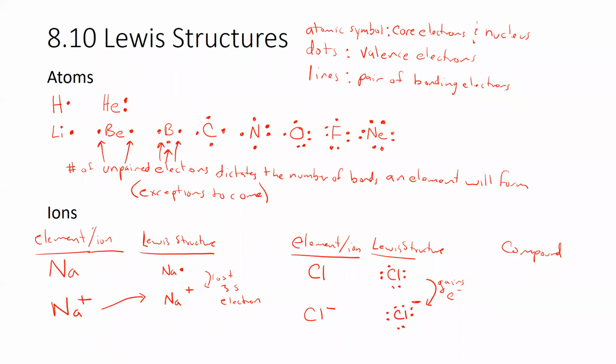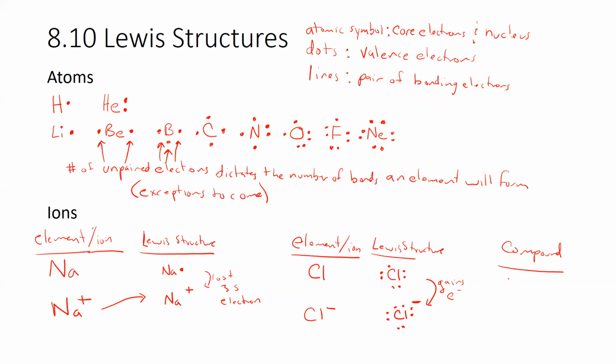And of course we have to put in its minus charge. That depicts the Lewis structure for a chloride ion. When we're doing chemical formulas and the formula of the ion in, say, a total ionic equation, we don't depict all the electrons, we just depict the charge. But in a Lewis structure of that ion, you do depict the electrons.